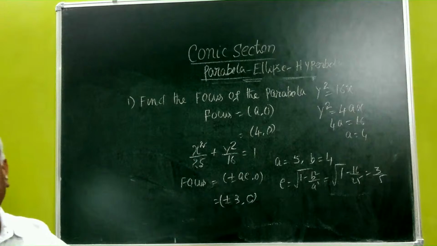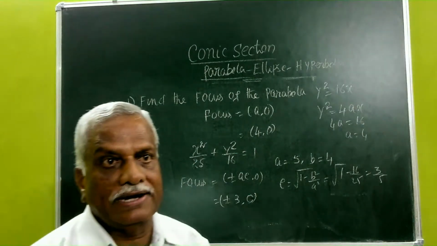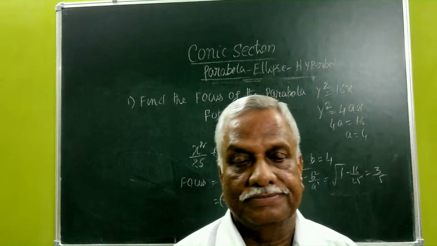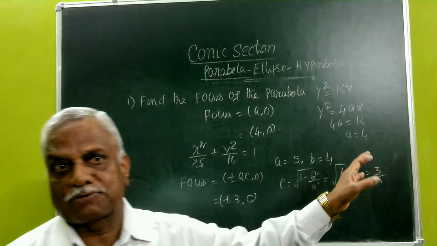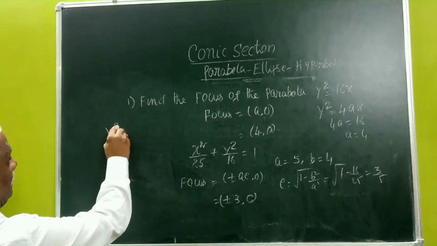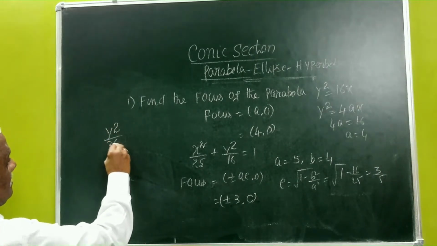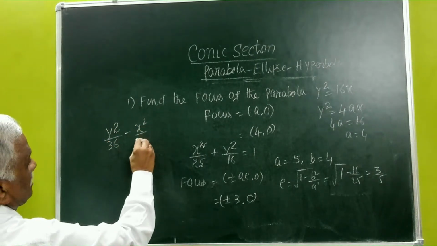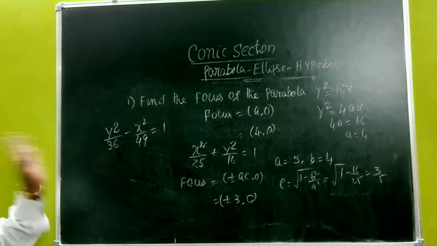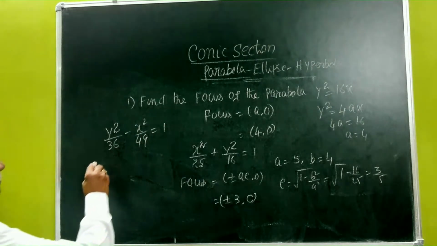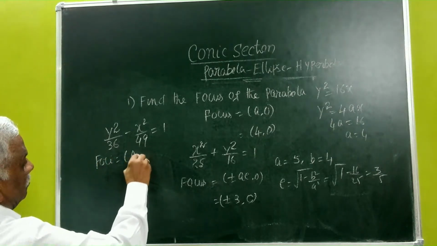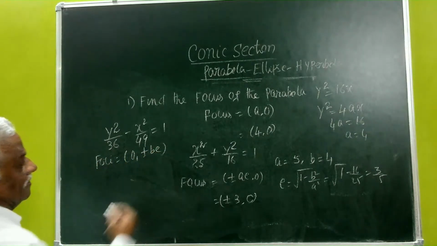Hardly, it will not take more than a minute, provided you remember focus is plus or minus a comma 0 and the expression for e. Same thing, they ask you for hyperbola: y square by 36 minus x square by 49 is equal to 1. The moment you see it is the second type of hyperbola, therefore the foci are 0 comma plus or minus be.